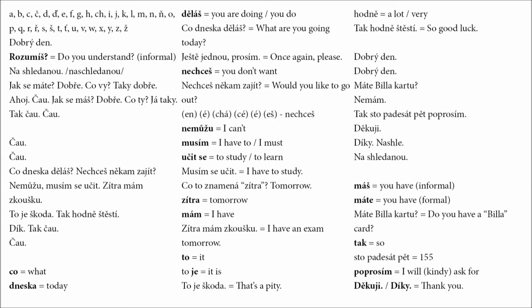Q, R, and R with the háček, it's Ř. R, Ř, R, S, R, Z. And now S, Š. T.